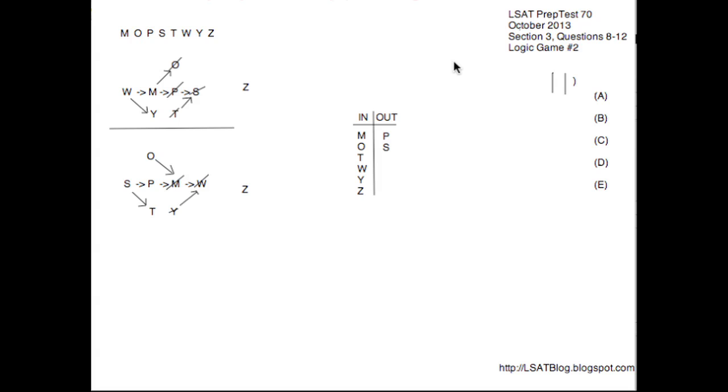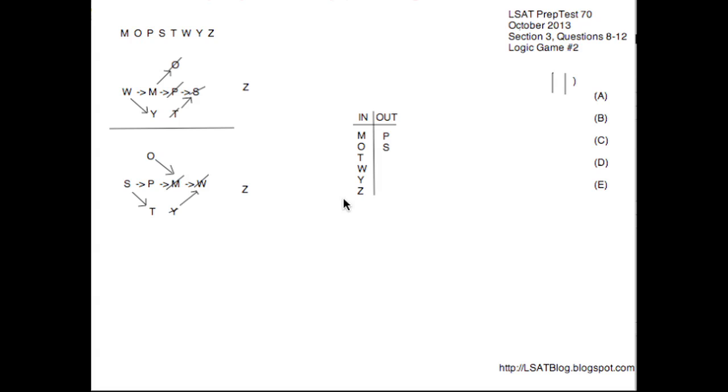If P is out, what could be true? So P out requires S out according to the diagram, so I listed both of those out. That leaves the remaining variables M, O, T, W, Y, and Z to potentially be in. Again, I'm not saying that all 6 of these are in, just that these are the variables that remain to potentially be in. So looking at this, they're asking us what could be true.